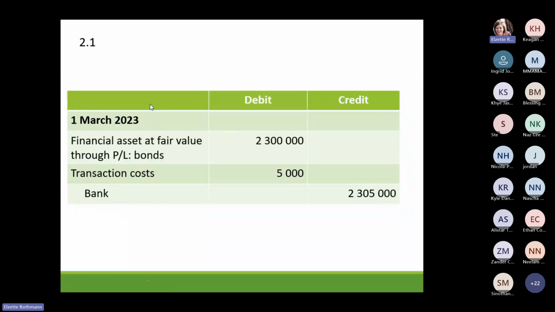Then we said, because this is a financial asset at fair value through profit and loss, transaction cost is seen as an expense. So it's a separate line item, 5,000 Rand. And then we are paying that, so we credit bank 2,305,000.